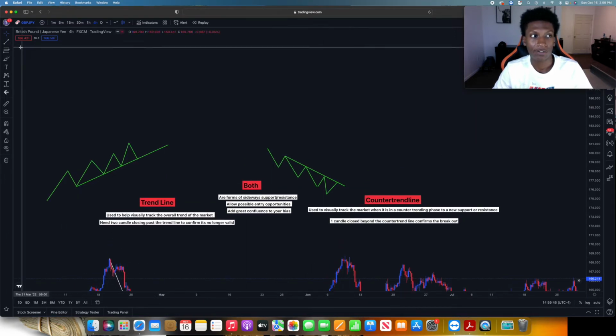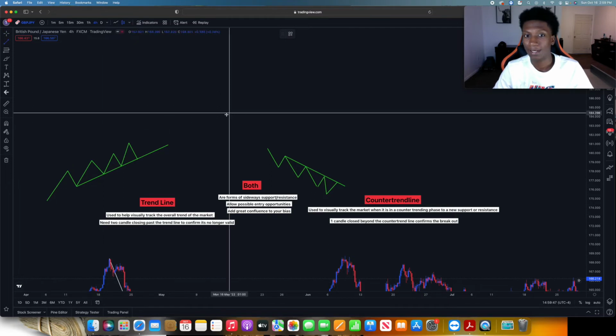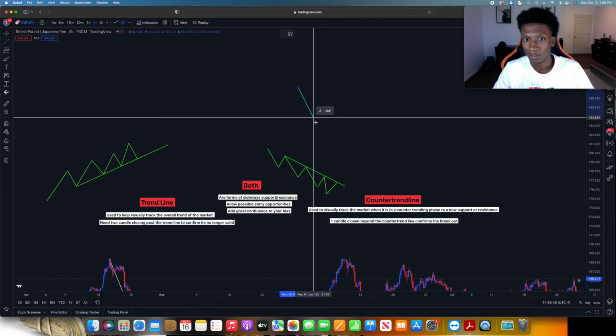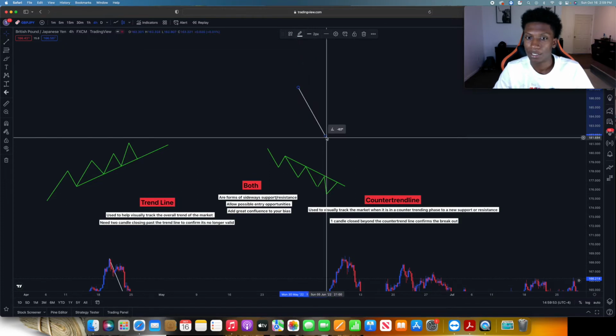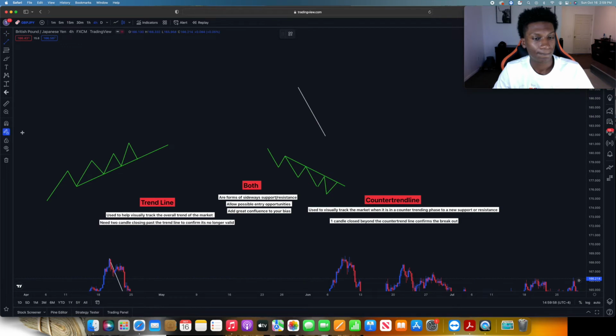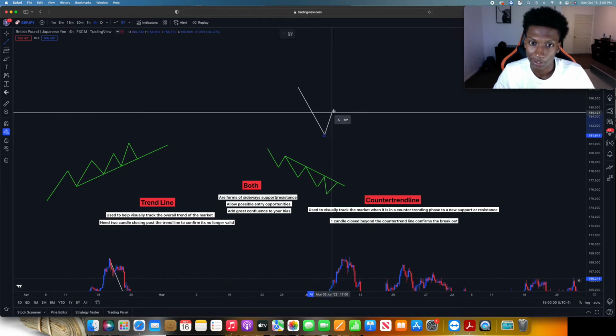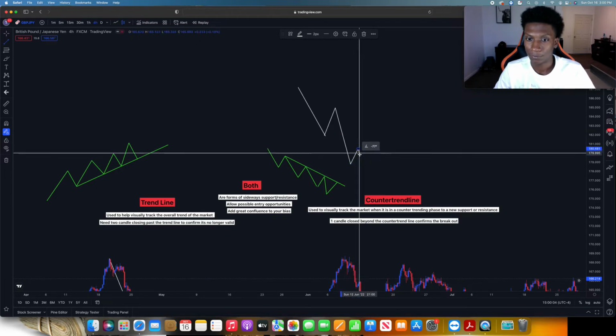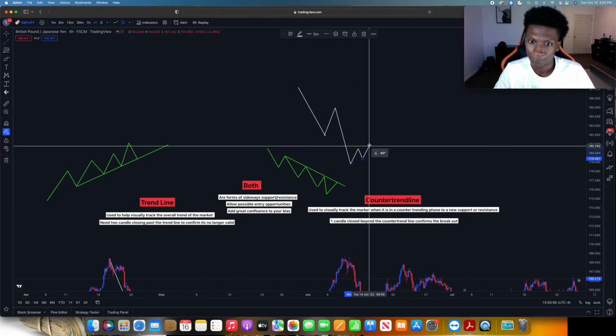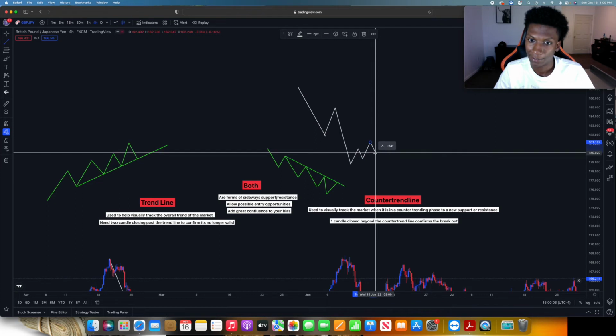So a counter trend line would look something like this with just raw price movement. Say we're in a bearish market right now, and we're trending like this, and we start forming higher low points like this at the bottom end.